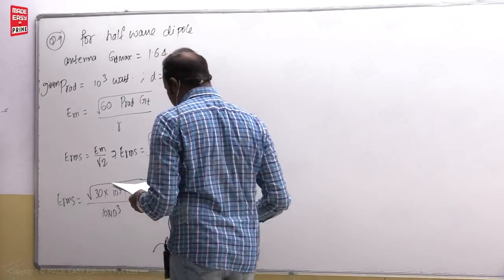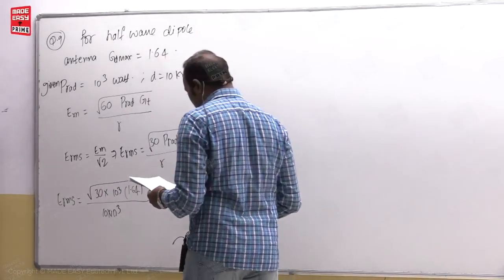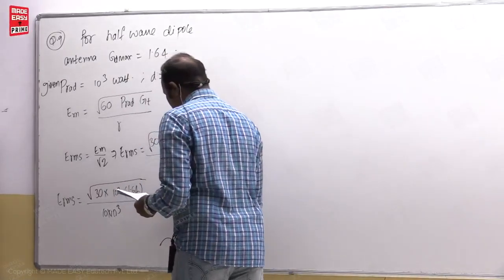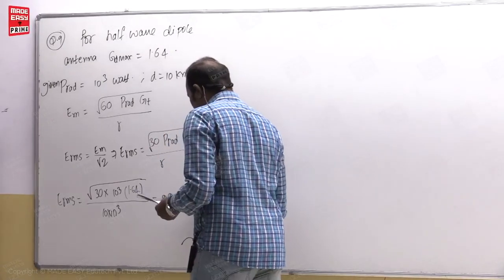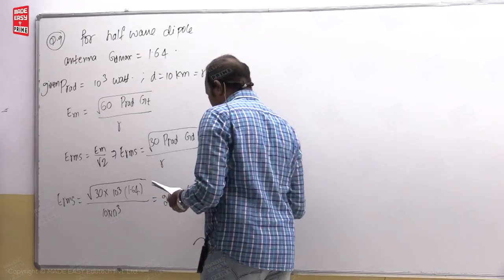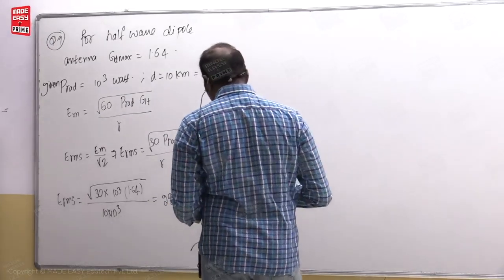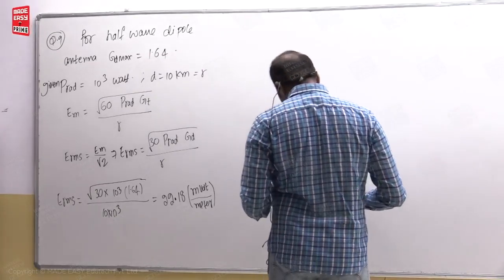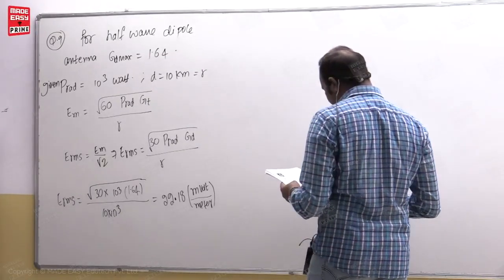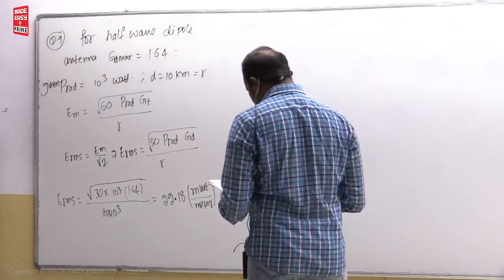Now this is equal to, you get 22.18 millivolt per meter, right? So millivolt per meter in the direction of maximum radiation, right? So option is D for that.